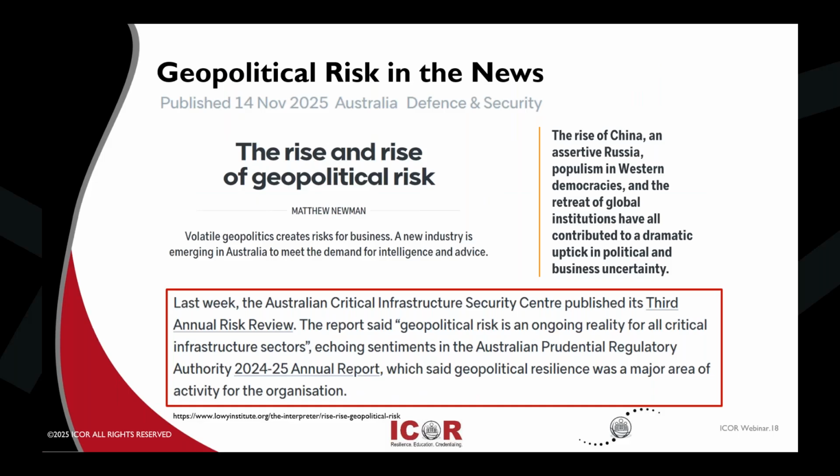It's an ongoing reality for all critical infrastructure sectors. They also stated that in last year's report, geopolitical resilience was a major area of activity for the organization itself. I'm not sure what they mean by geopolitical resilience, and I'm not going to dive into that today. I just want to stick with talking about geopolitical risk.